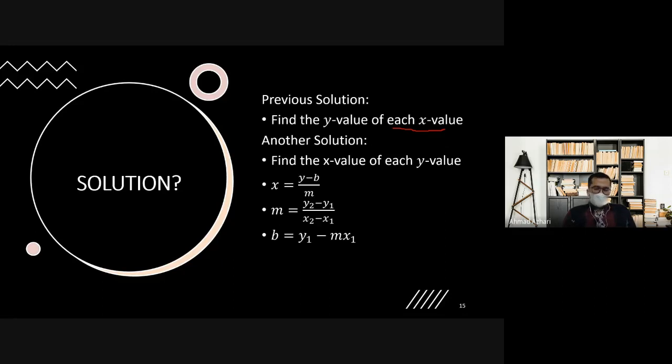When using the straight line equation y = mx + b, you can rearrange it, and we find that x equals (y minus b) divided by m, the gradient. The gradient is as in the previous equations, difference y divided by difference x, and the b intercept equals y1 minus m multiplied by x1.